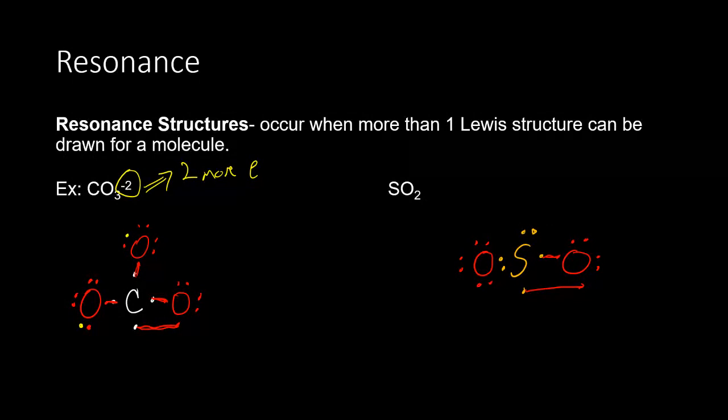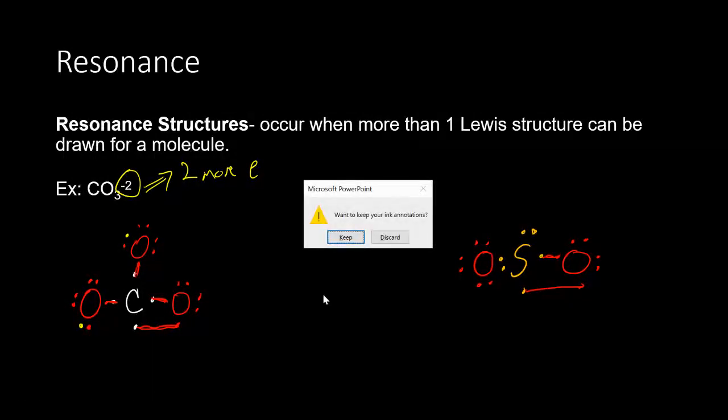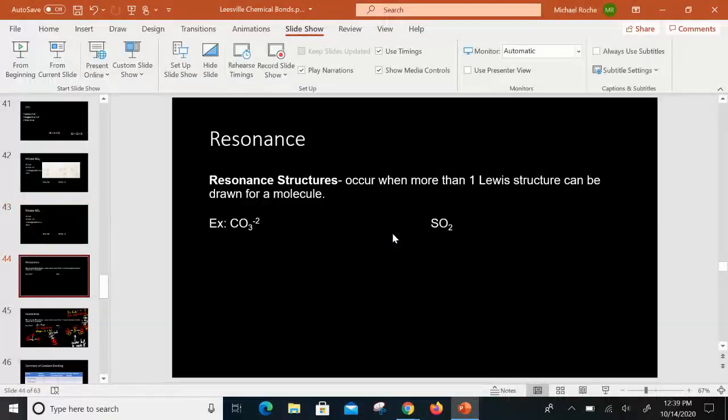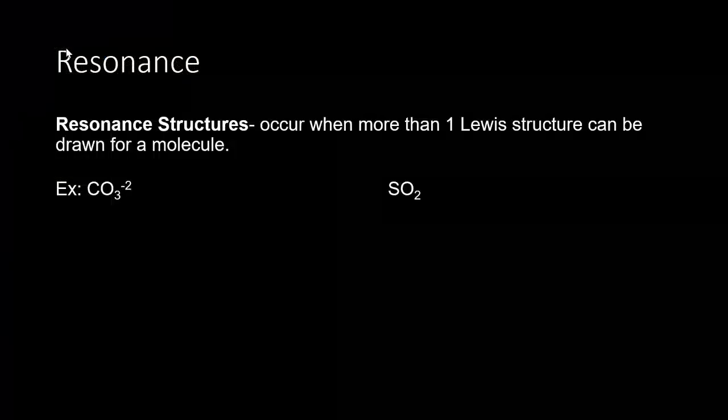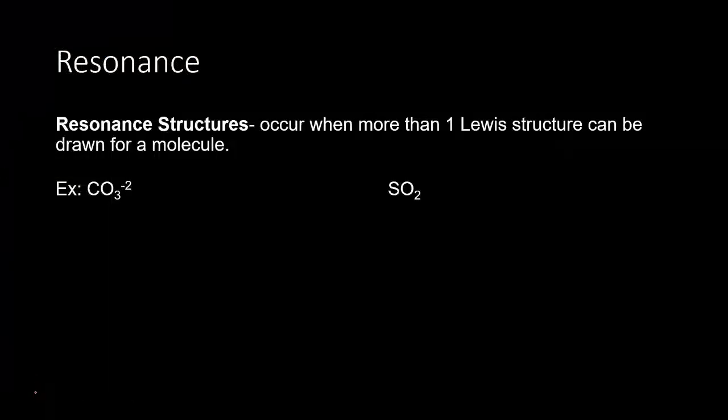So now I'm going to do both of these doing the college way. Doing the college way, carbon has 4 and each oxygen has 6 valence electrons.